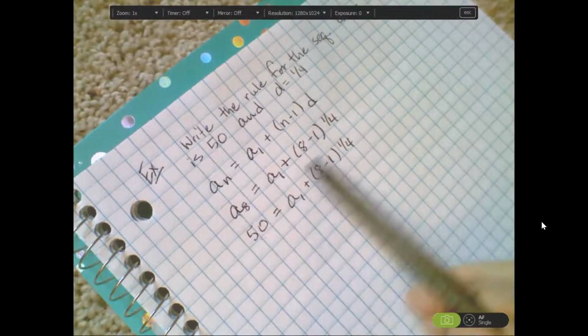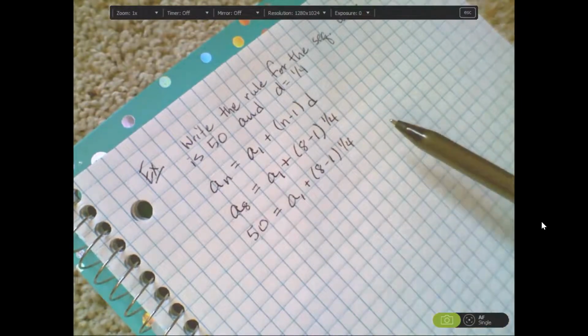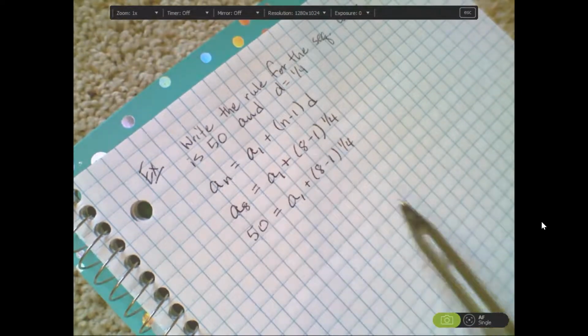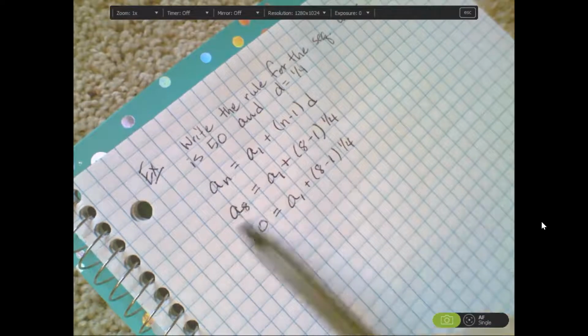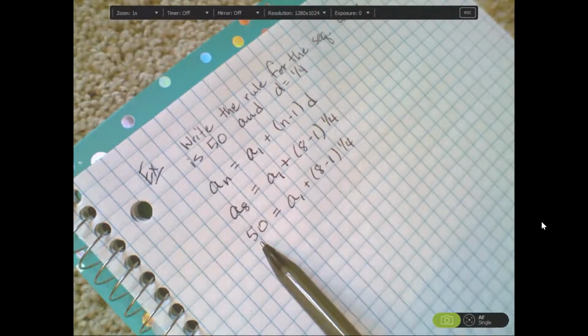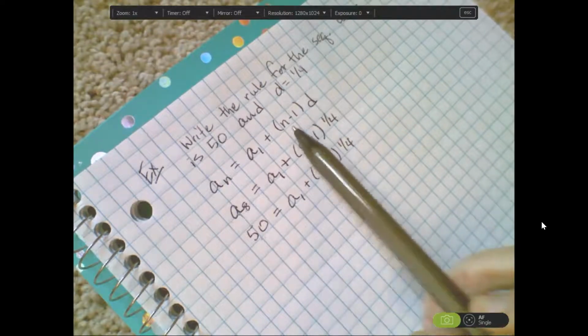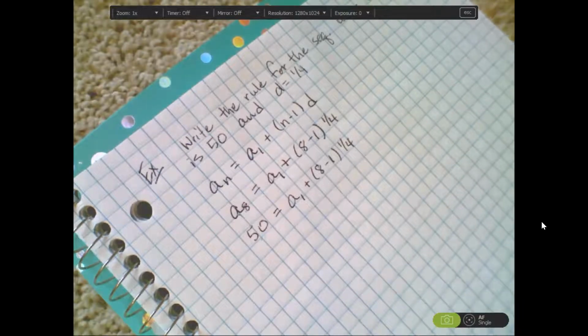I think adding this line in the notes kind of shows you where those numbers come from. So I'm just saying, oh, the 8th term is 50, right? Those are equivalent, so I can replace one with the other. And then this is an 8 because this n value has to match this n value here.